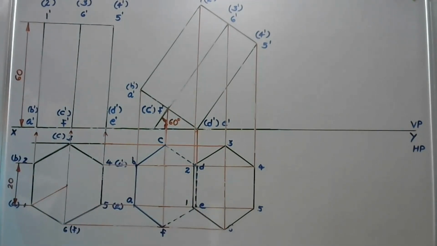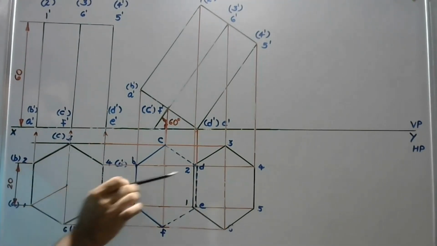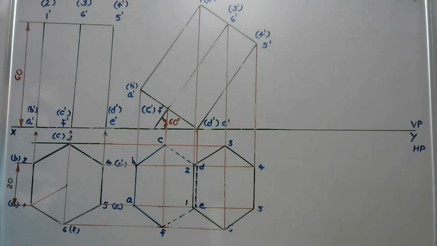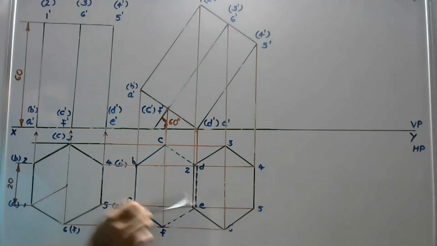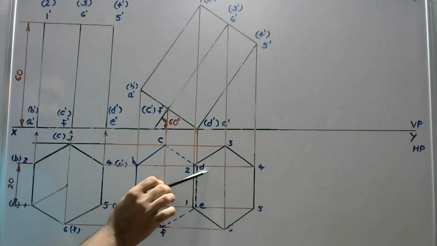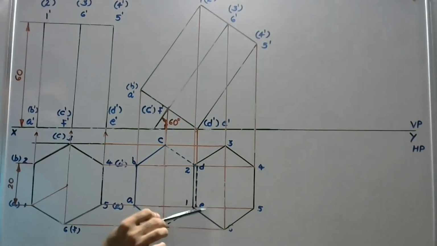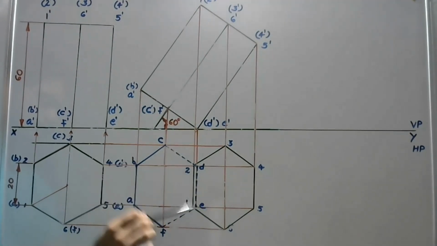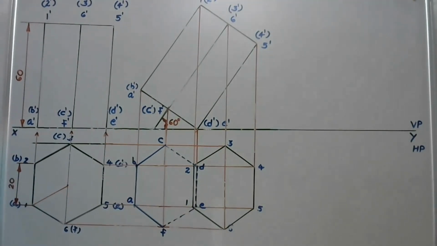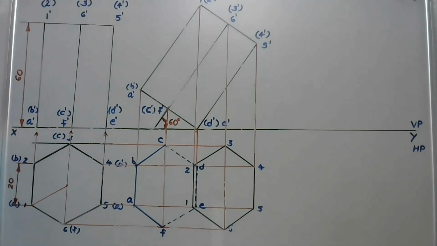E5 invisible. The invisible points are D and E. So the lines and edges starting from DE are invisible. That means D4, E5, DC, EF, and DE are the invisible edges. All other vertical edges are visible.